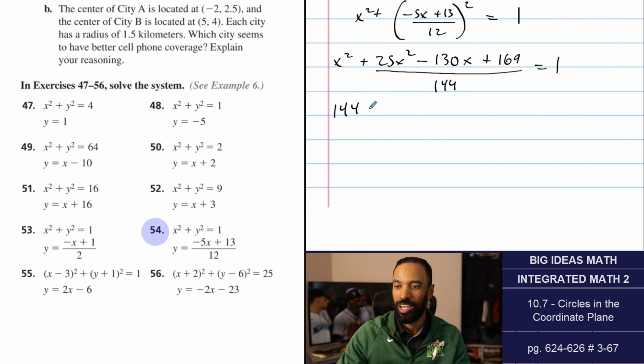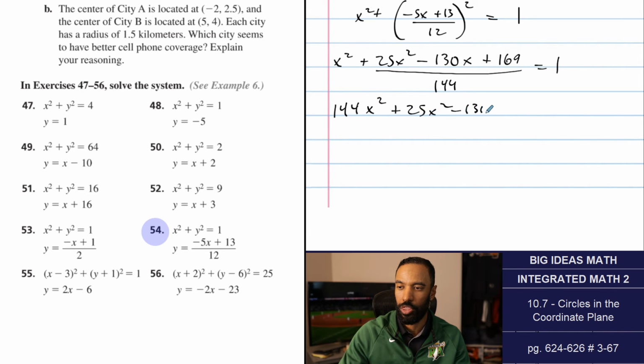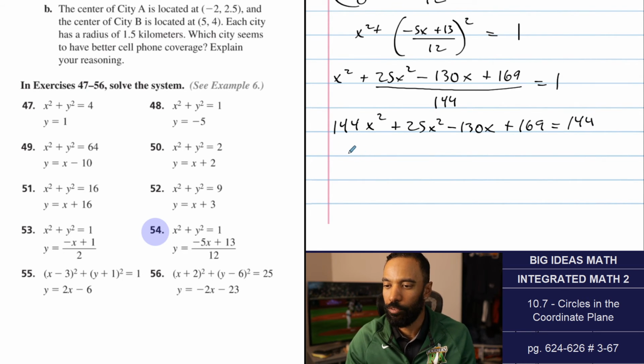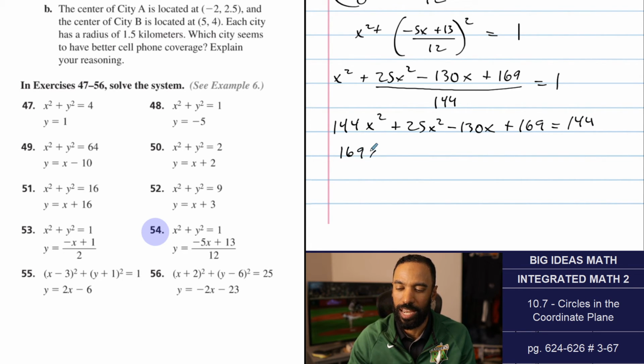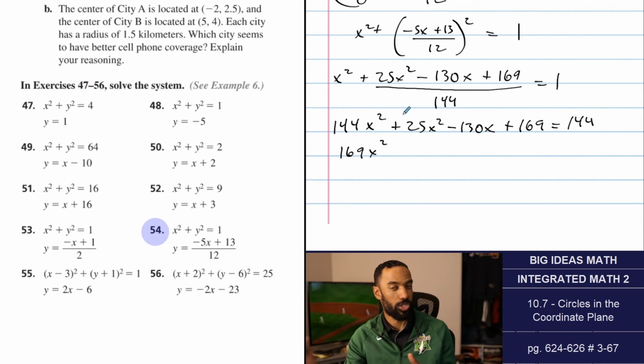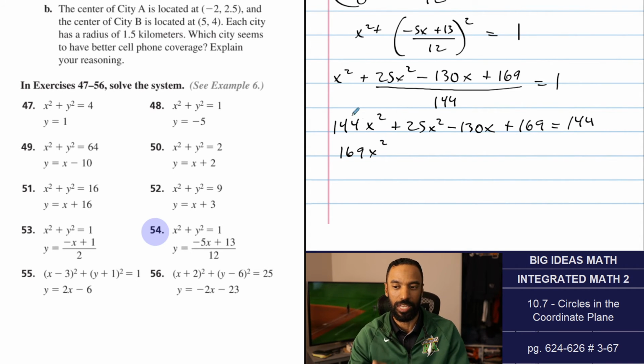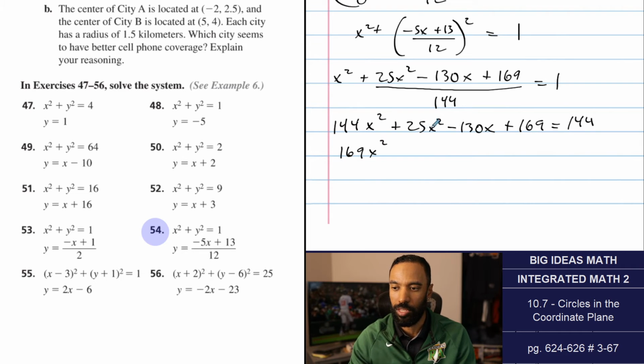Oh, geez. 144x squared plus 25x squared minus 130x plus 169 equals 144. That's 1 times 144. 144x squared plus 25x squared is 169x squared. That's at least 13 squared. So if it's factorable, a 13 times 13, I'd assume, is in the fold. That's probably the only set.